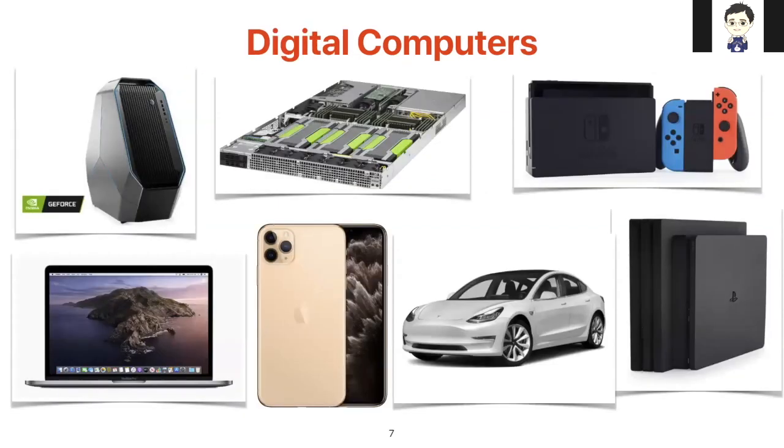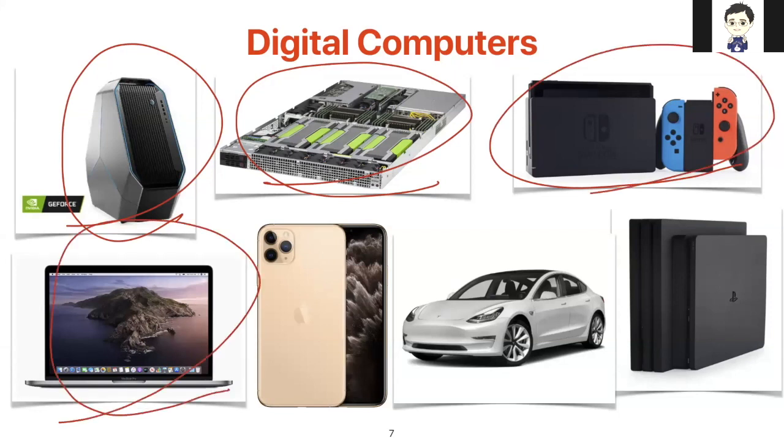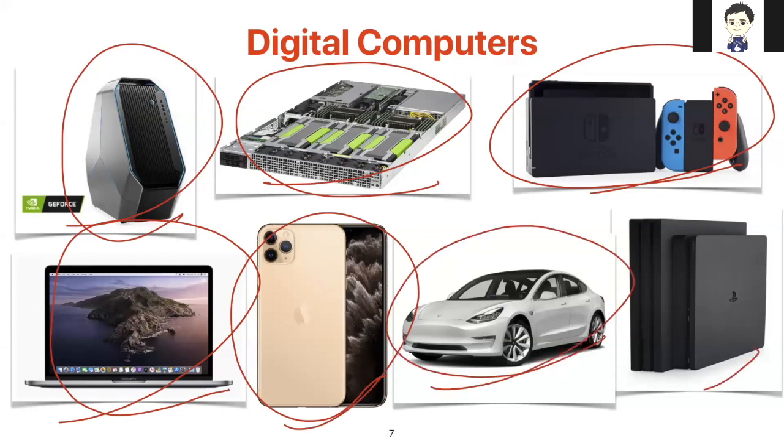When we talk about digital computers, these are probably the things that come to your mind: on the top left corner, we have a desktop computer, we have server computers, game consoles, laptops, iPhones, Tesla, and another game console. Everything here is basically digital computers.